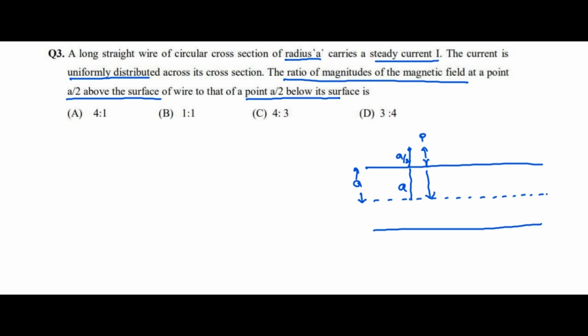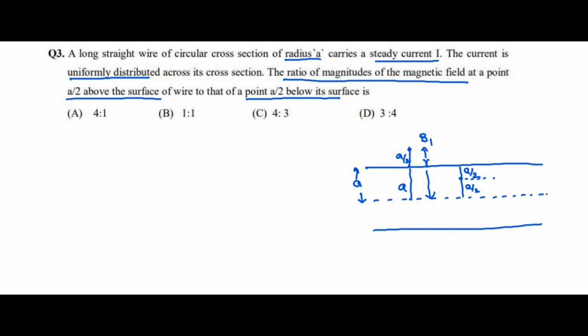Here assume that the strength of the magnetic field is B1. Now below, there is a point A by 2 below its surface. Below its surface means somewhere here. This is A by 2, and from the axis this distance will also be A by 2.